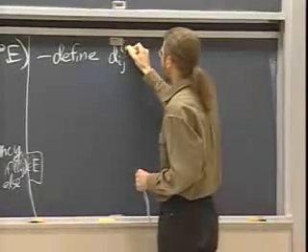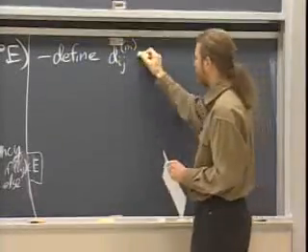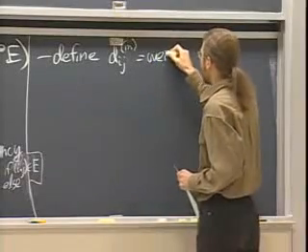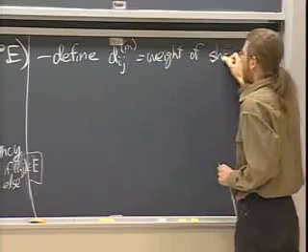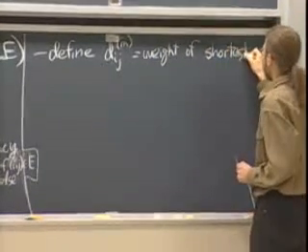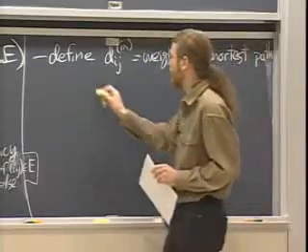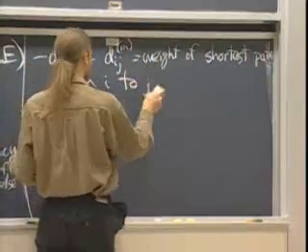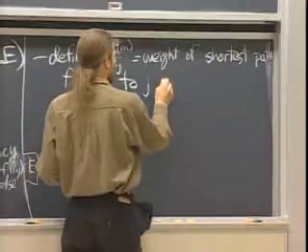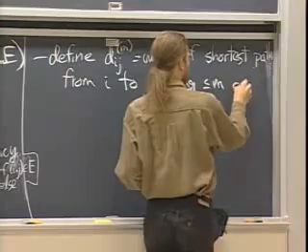So I'm going to say d sub ij superscript m is the weight of a shortest path from i to j with some restriction involving m. So shortest path from i to j using at most m edges.